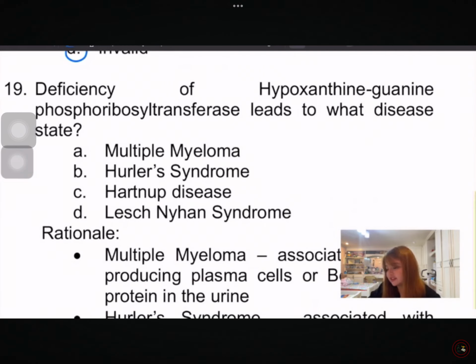Next is, deficiency of hypoxanthine guanine phosphoribosyltransferase leads to what disease state?